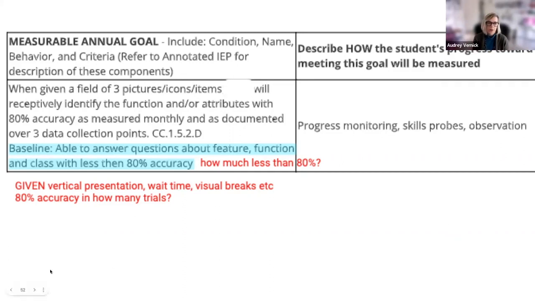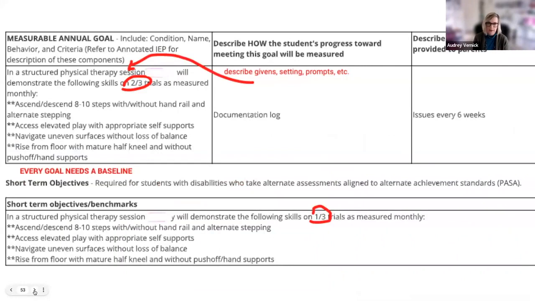Really good point. We could and probably will do a whole hour on goal writing, because it's a thing unto itself. In this one, 2 out of 3 trials is 66%. So I would never want a goal that is only 66% in a year. And again, this is a lot of things in one goal. I would say, what's the baseline for how many steps can he ascend right now, with or without a handrail?